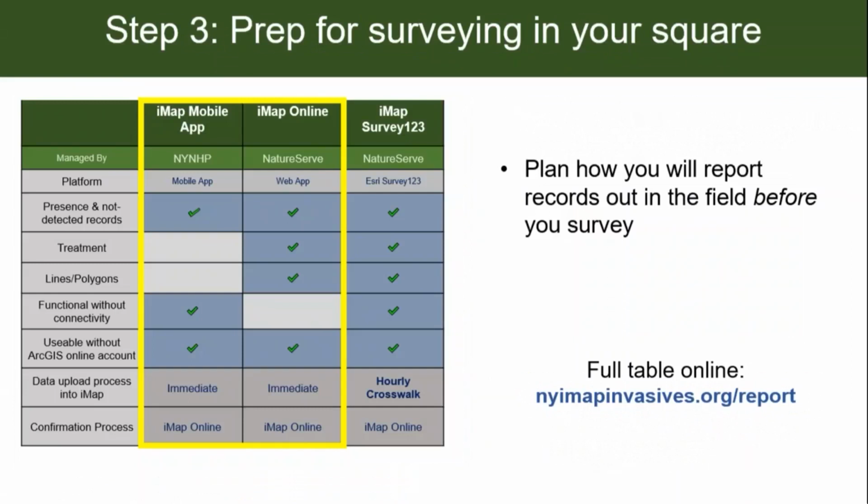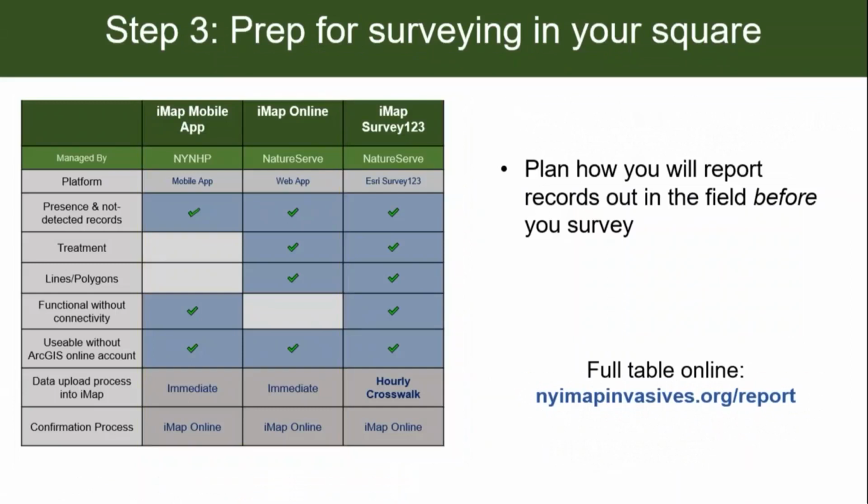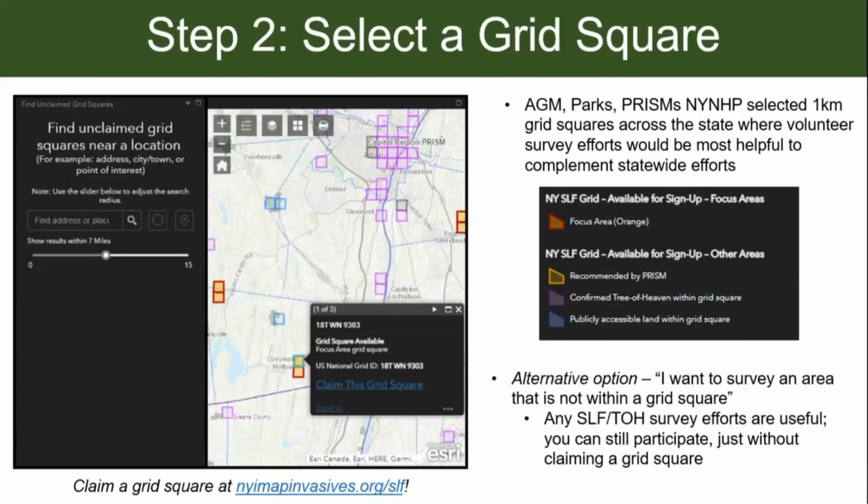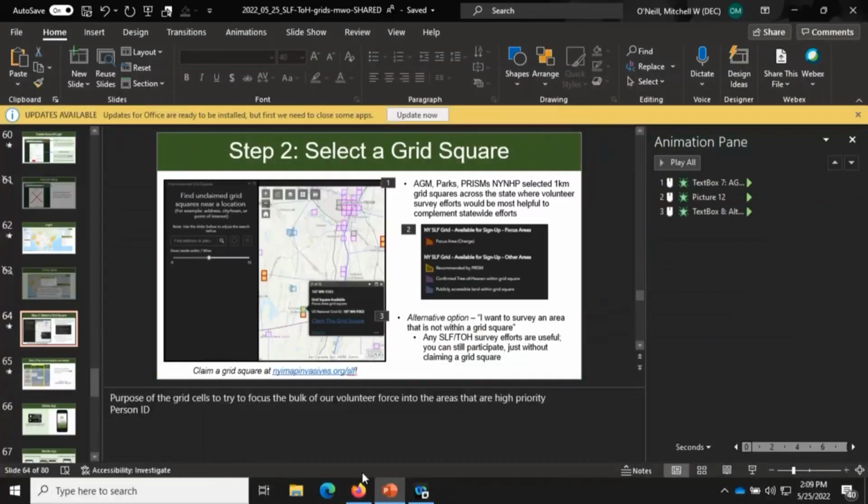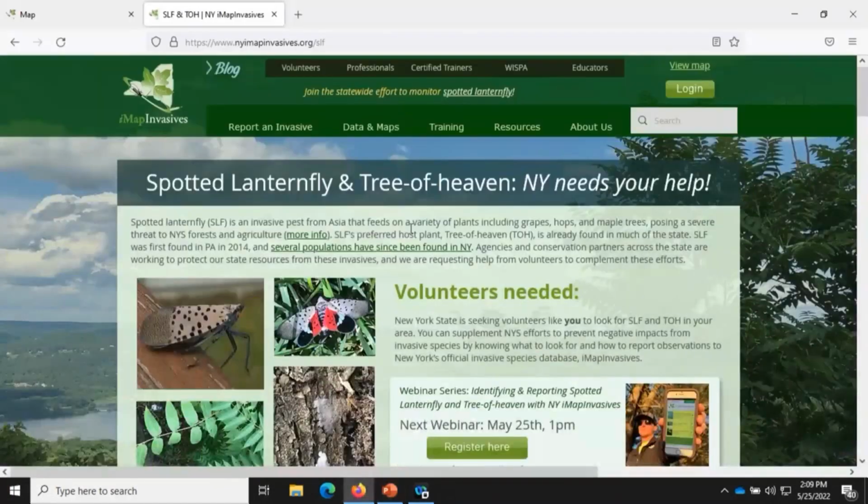And so once you have your grid square, oh, and I should also mention, the reason I'm not going through this in much detail is because if you go to our website at nyimapinvasives.org/SLF, I'll just show it briefly.